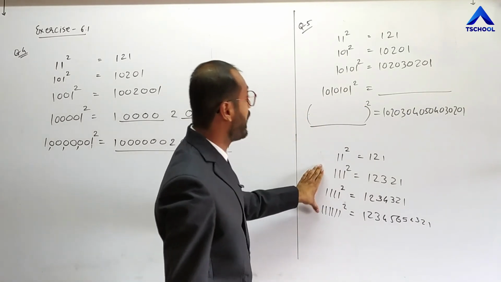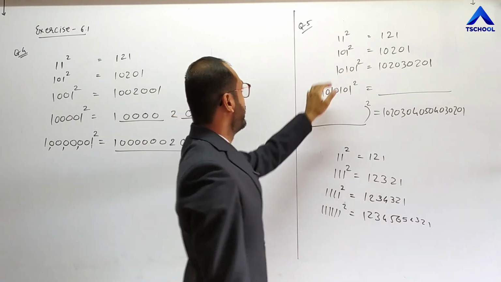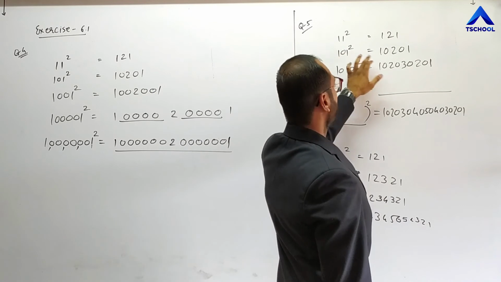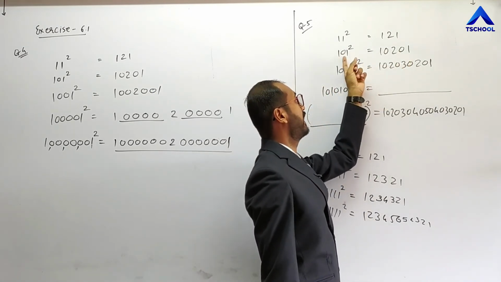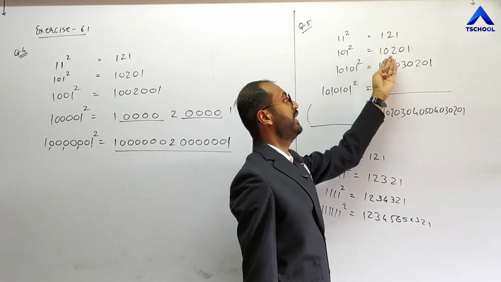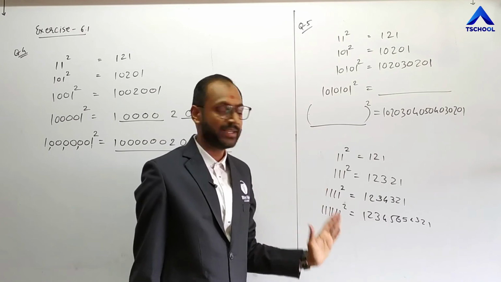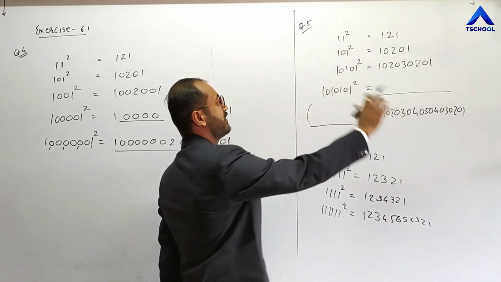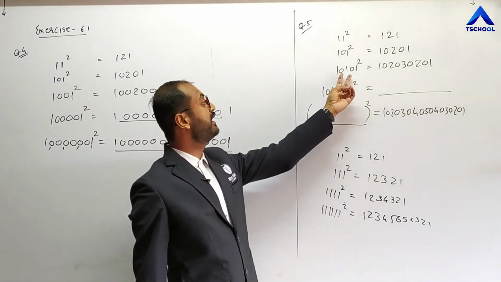Here same type of pattern is here. See, here is 11 and 121. Here is 101 and 121. But here 0 is in between 2 ones, hence we are putting the zeros between two digits in the series. Again see this third one. Here there are 3 ones and 2 zeros in between the ones.